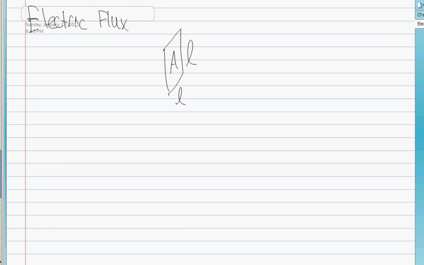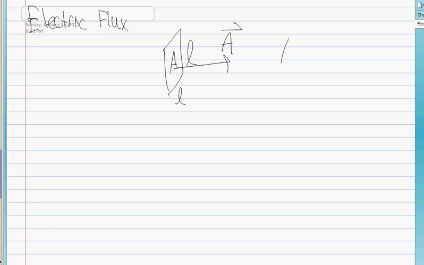And if this is the area, we can actually define a vector that's perpendicular to that area. We're going to call it A. Not A hat, I'm sorry, hat's the other thing. But it's a vector A. The vector A describes the area from the side, and again, the direction of the vector is out of the closed surface.